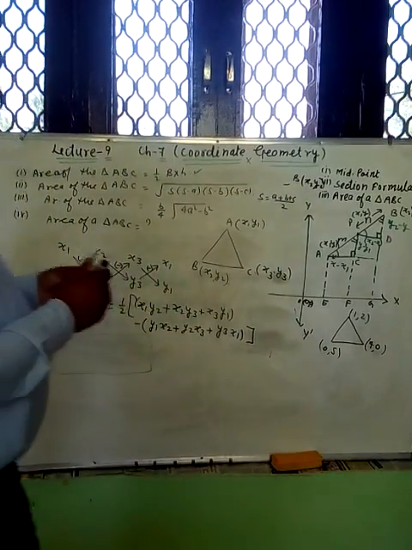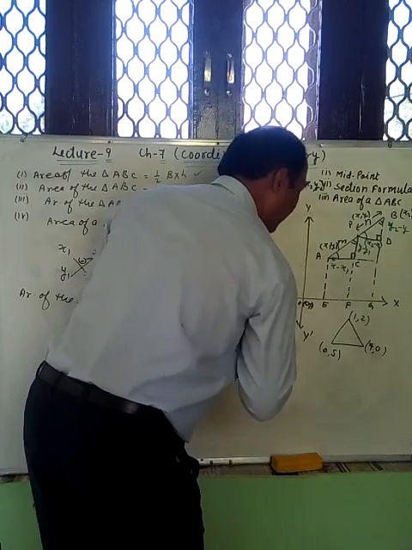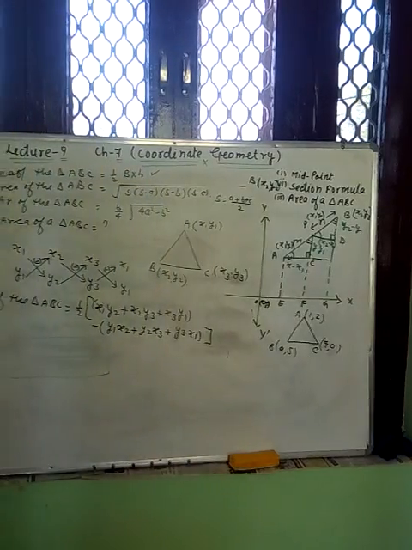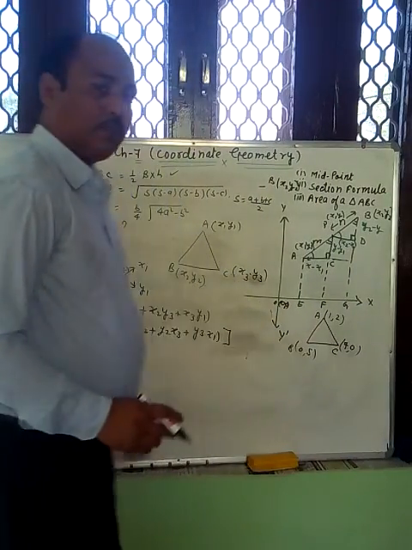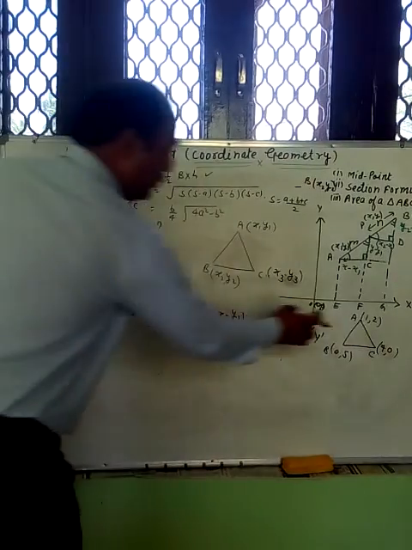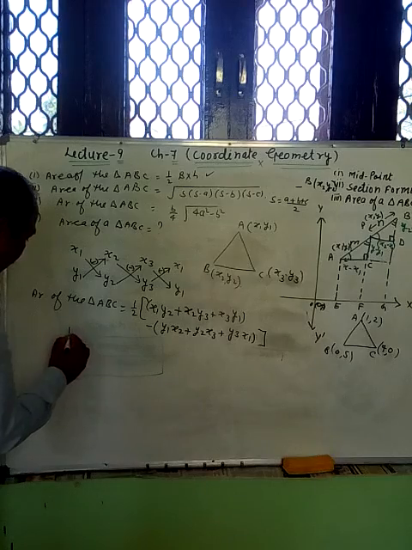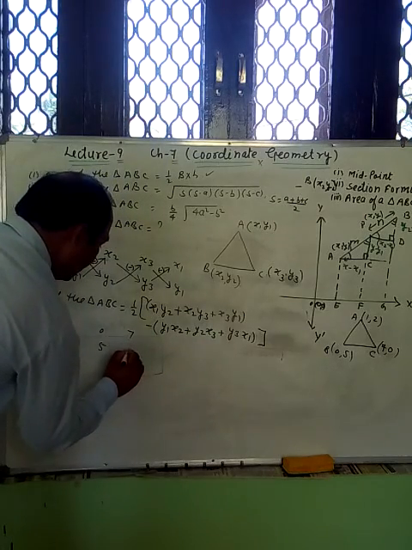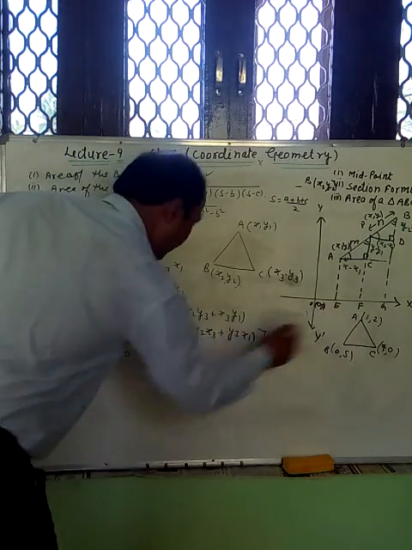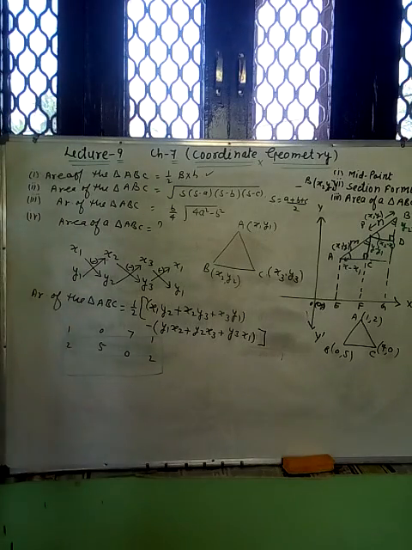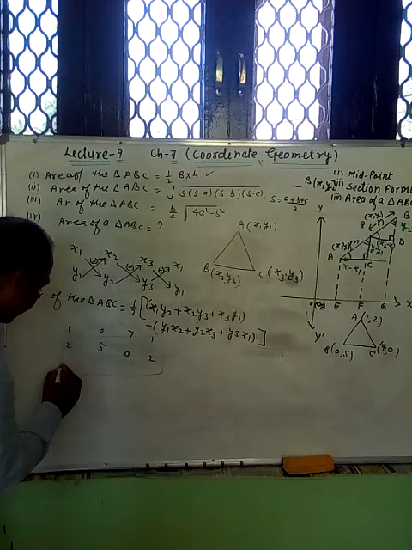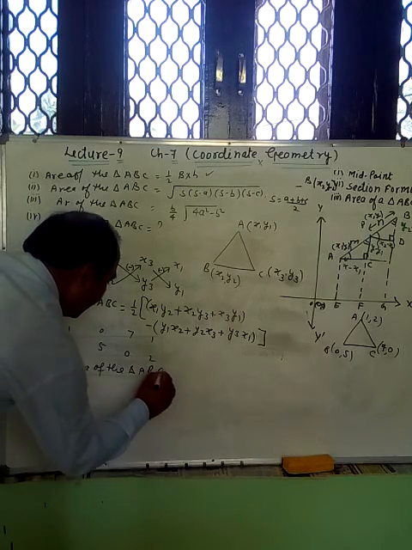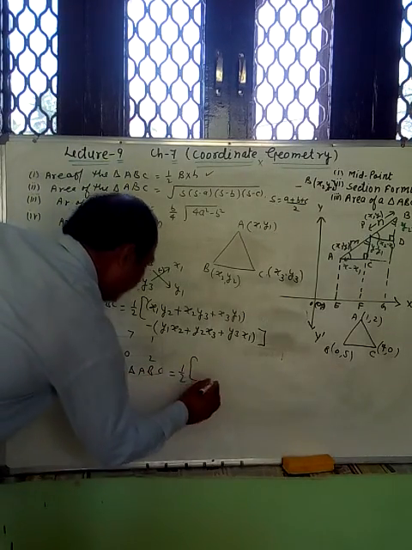This is a triangle with point A, point B, and point C. If we want to find its area, first of all we write the coordinates: 1 comma 2, 0 comma 5, 7 comma 0, and the first coordinate 1 comma 2 again.